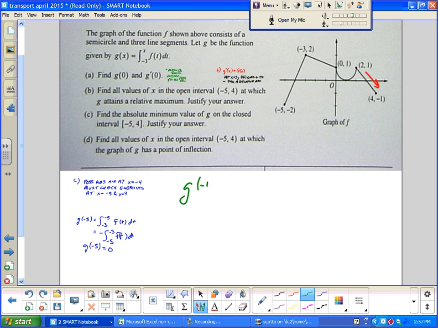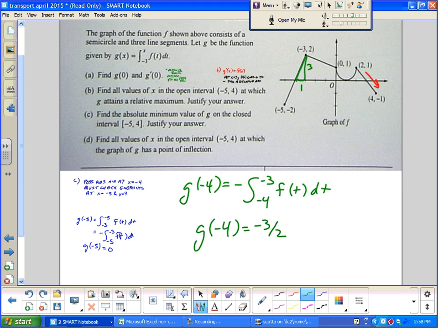G of -4 equals, and maybe I would do this right away, guys, to save a little time: I would reverse the integrals and change the sign immediately. And you guys agree that's the rectangle? 1/3. So I get that G of -4 is -3/2.